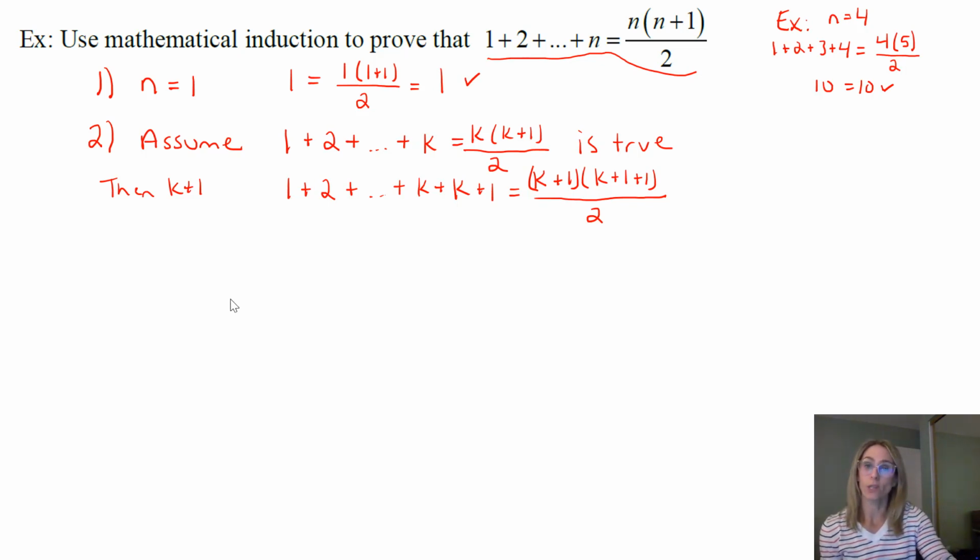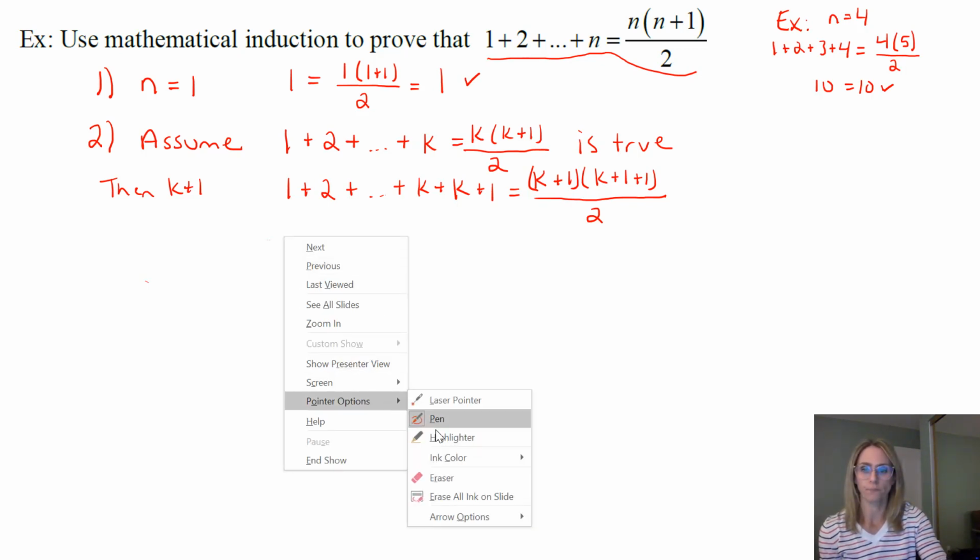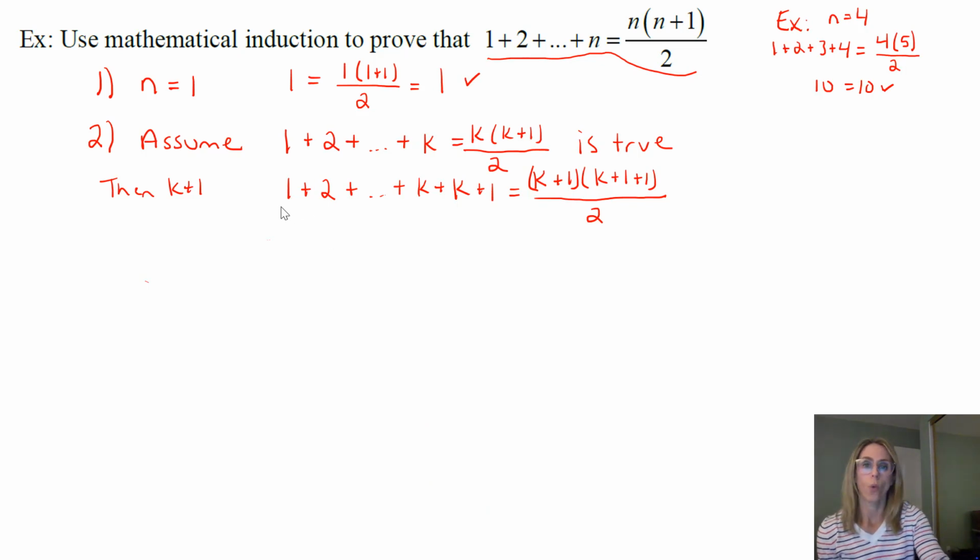And now we simplify and we try to make it so that the left-hand side equals the right-hand side. The key with this is to really think about what we already assumed. We assumed this thing right here, in my line that is labeled 2.